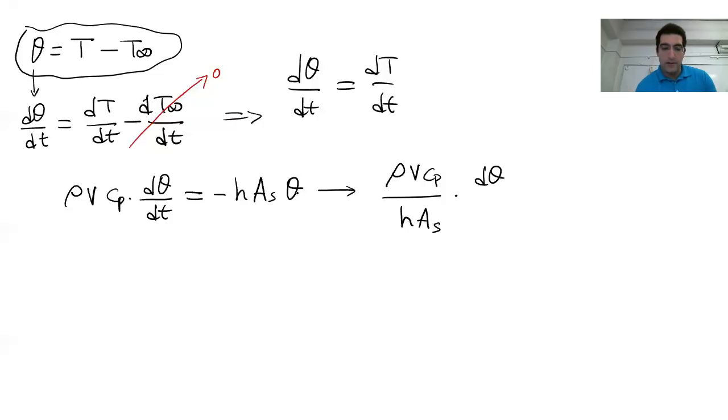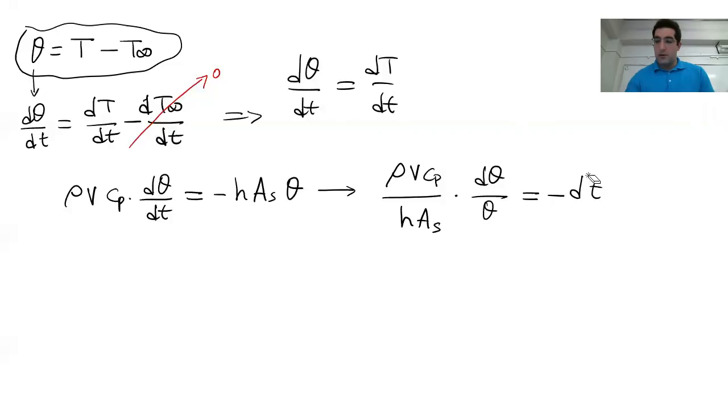Since we're separating the variables, theta will be on the left-hand side, and on the right-hand side all that remains is dt. And don't forget we have a negative sign here as well. This way I separated the variable theta from time, from t.